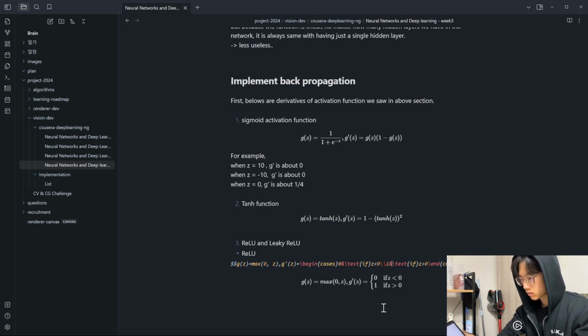It's actually undefined, technically undefined, if z is equal to exactly 0.